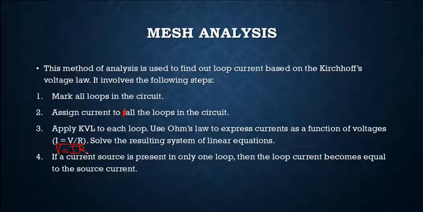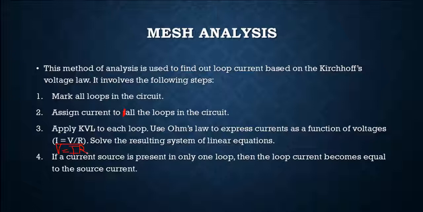So basically, we have just three major steps. The first step is we need to identify loops in the circuit and assign them loop currents, and then we need to apply KVL to each loop. As far as the polarities of resistances are concerned, we will also see in the example that if the polarities of the resistances are not marked, then we consider that the current entering terminal is positive and the current leaving terminal is negative, right?